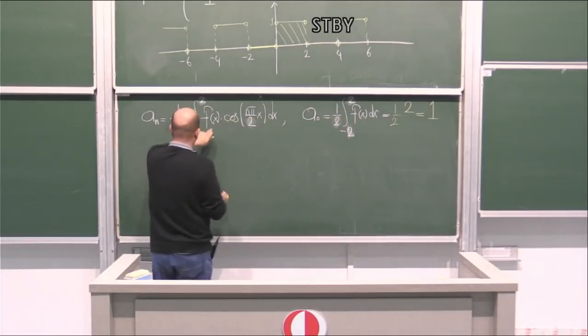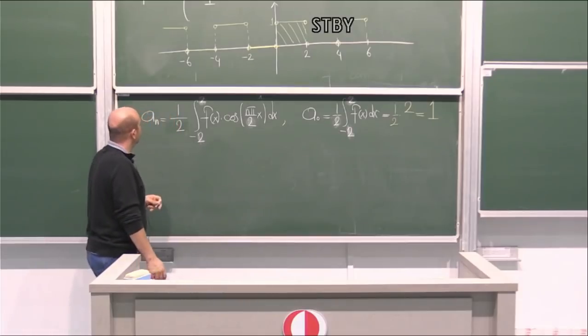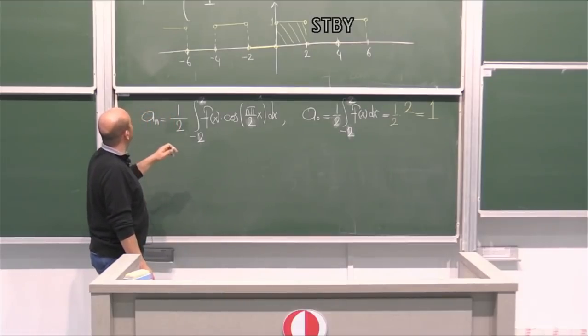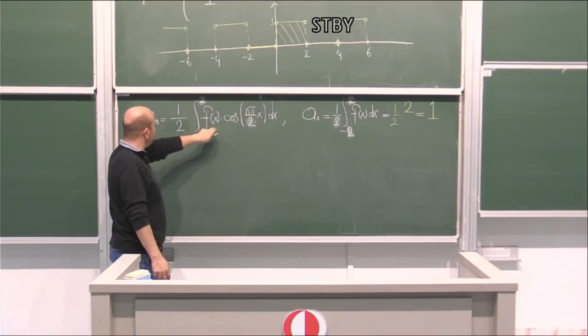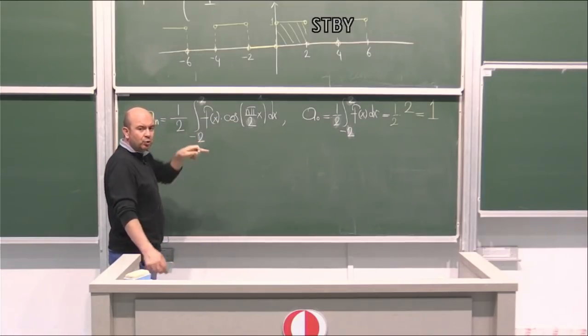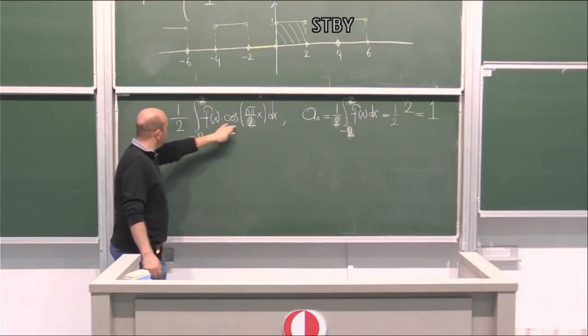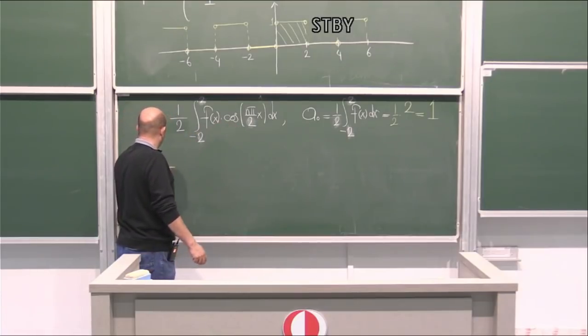Now how about a_n? Our function is piecewise continuous, so I need to write the integral from -2 to 2, but I know something about my function. My function is 0 between -2 and 0, so the product is 0.